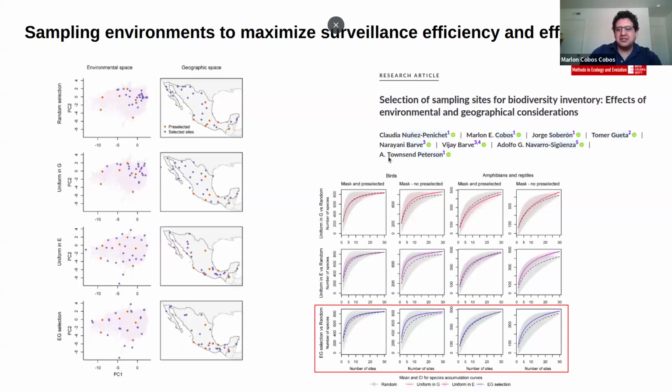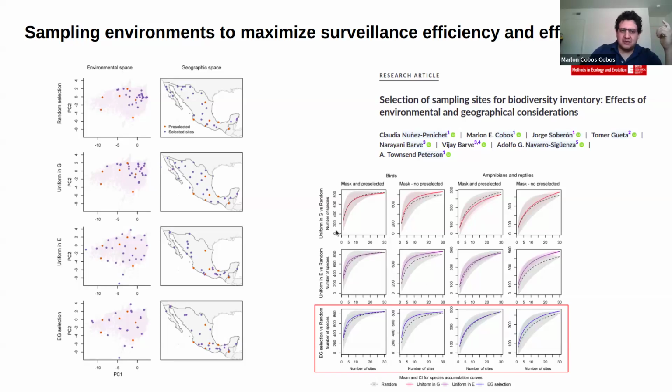I know this is a lot of plots, but I want you to please focus on this region here. No matter what other method of selecting points you use, when you consider first environment and then geography in concert, you always get better results than with other methods, and than if you do it just randomly.